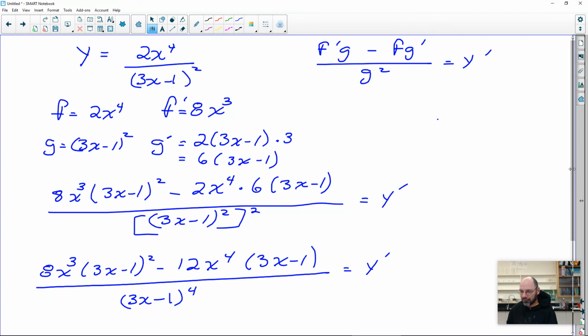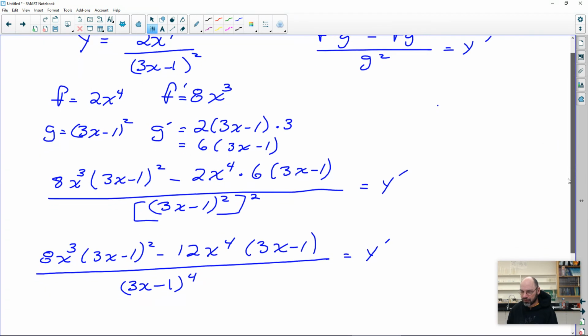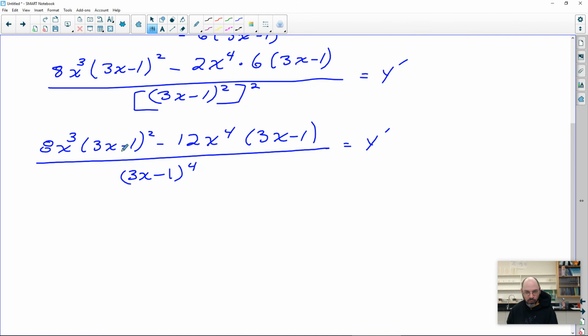Okay, so that changes it a little bit, but now we can reduce one of these from each of these. So we're going to get 8x cubed times 3x minus 1. We're going to take one away from there, take one there, and one there. And the only reason we can take one is because there's only one over here.